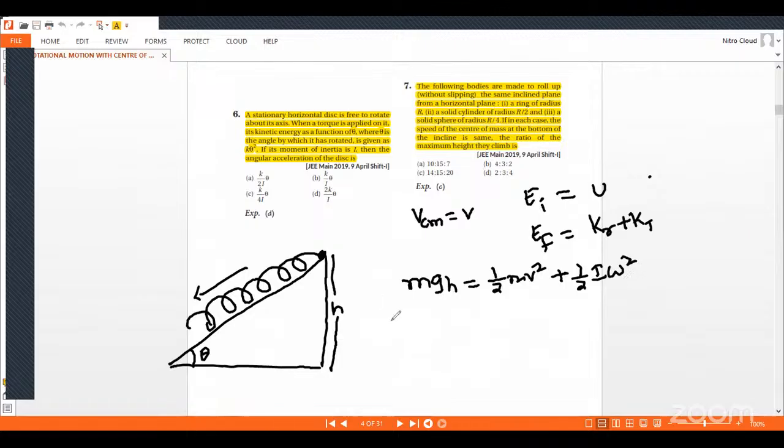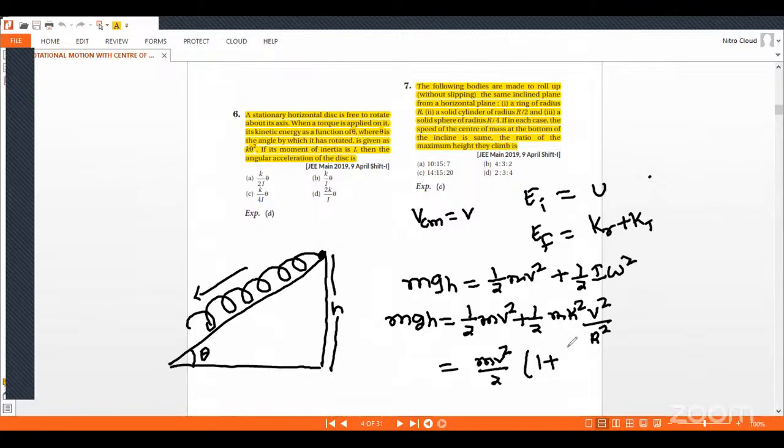So it is mgh equal to half mv square plus moment of inertia, that is mk square omega square. Instead of omega, I am writing it as v by r, so omega square is v square by r square. In these two terms, I'll take mv square by 2 common: 1 plus k square by r square.